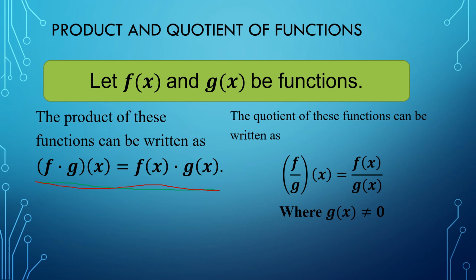And the quotient, we can write this as this one, provided the denominator, which is the g of x, should not be equal to 0. Since the moment the denominator is 0, then the function or the given is undefined. Okay? So next.